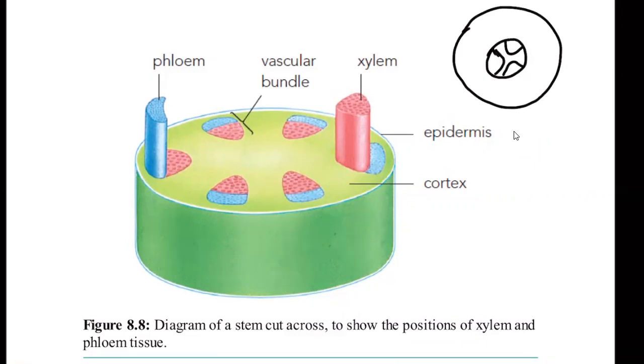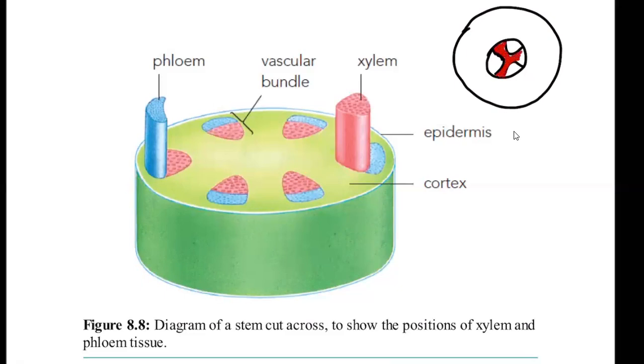The question is that the distribution of the xylem and the phloem in the root is a bit different from the distribution of the xylem and the phloem in the stem, which you can see on the screen right now. How different is it? It's different in such a way that in a root, the phloem is found on the circumference of the cell.